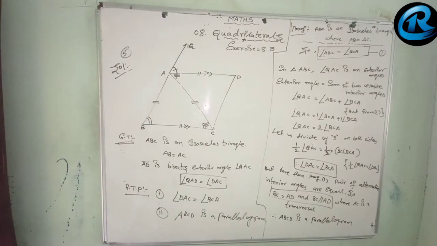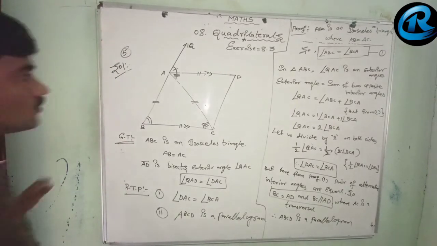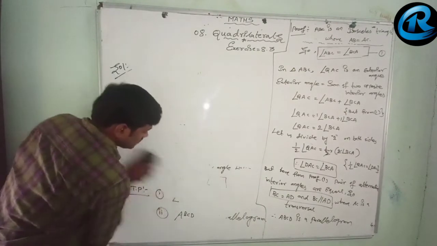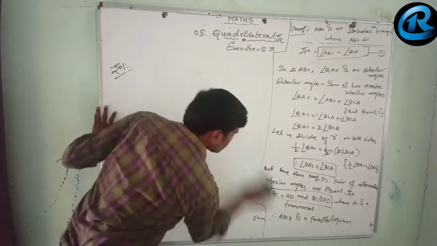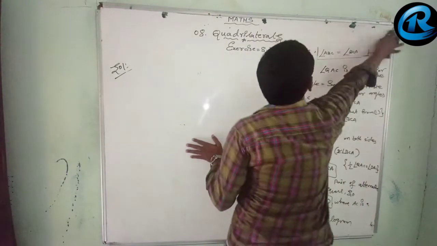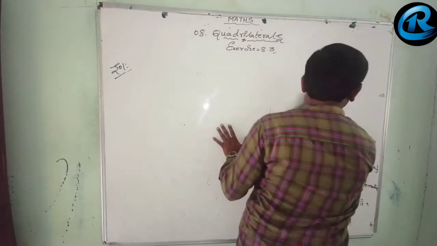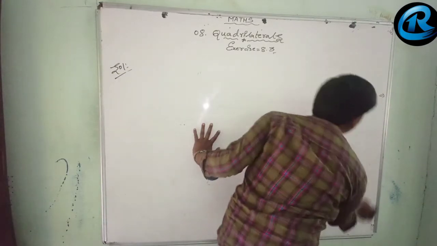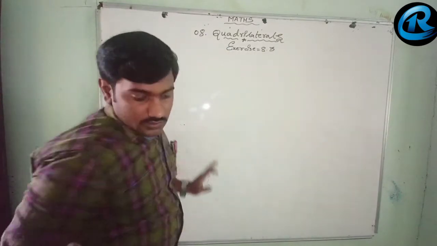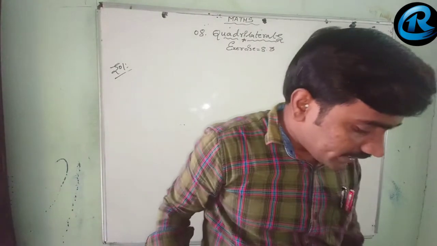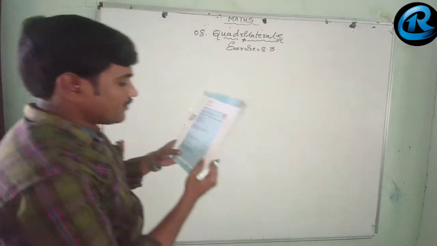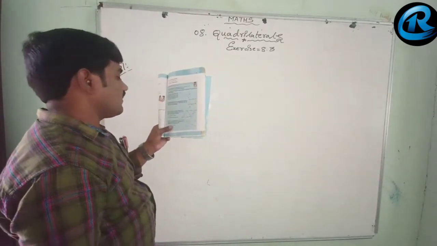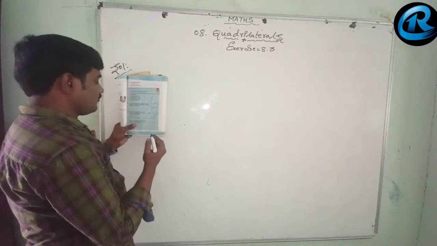Then see this. Now we go for question number 6. Question number 6 is that ABCD is a parallelogram. AP and CQ are perpendiculars drawn from the vertices A and C on the diagonal BD.